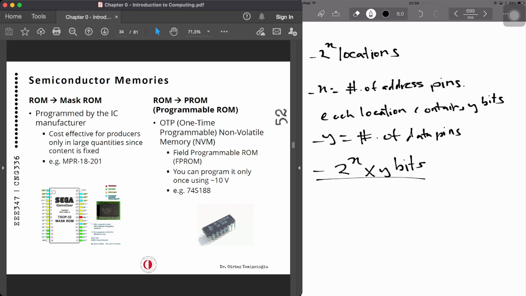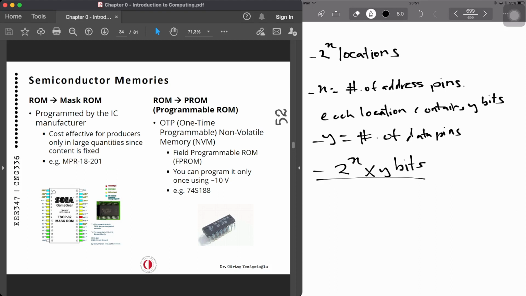We are actually burning fuses or transistors in there, so it's like hard-wired data. It's really cost effective. You can manufacture large quantities, and you know what is in there. Its content is fixed, like device IDs, manufacturer IDs, the dates of manufacturing, and so on.